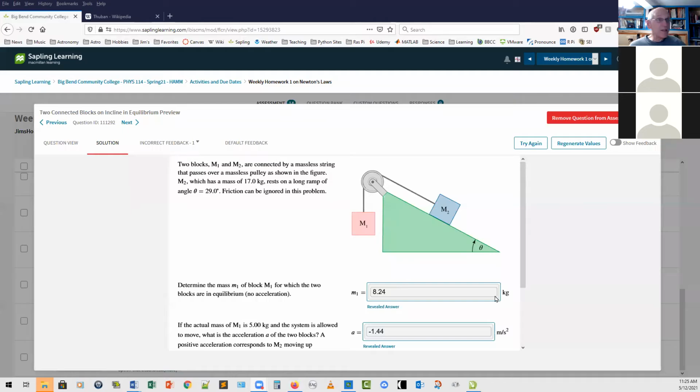Share screen again. Go back to screen 2. Does that look like it? Yeah. Okay. I'm going to take that off there and save it for the next assignment because we haven't quite done anything like that. Oh, friction can be ignored. So at least there's no friction, but still it's a bit challenging. So yeah, we'll deal with that later.